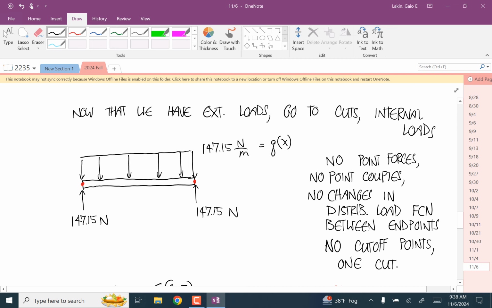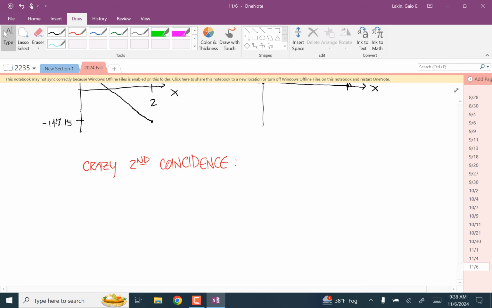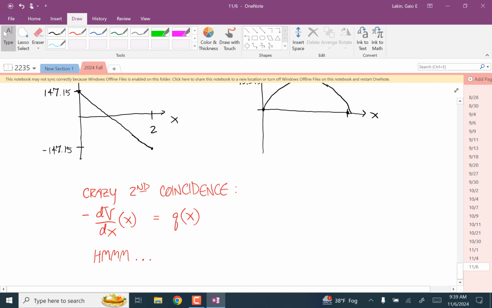It's just a constant, right? Well, notice that negative dV/dx as a function of x is equal to q(x). And so this is going to keep happening, but for now, we'll talk about it, get it in your notes and stuff later.